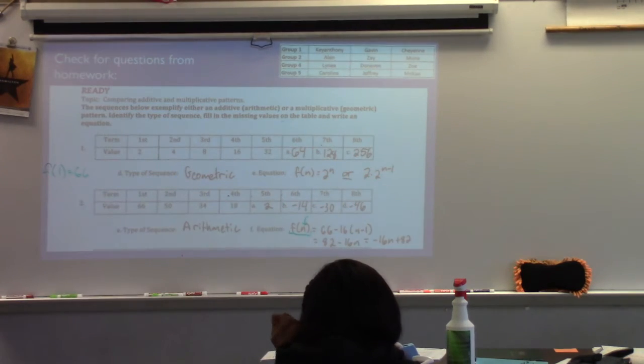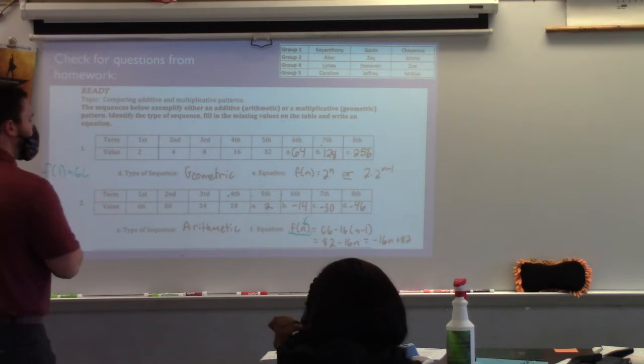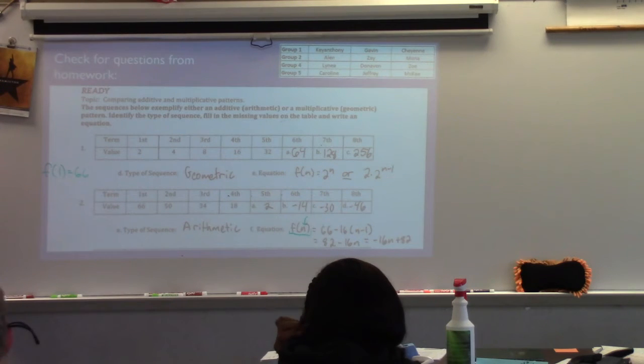Both explicit and recursive use f of n. We use n when it's a sequence typically, and we use x when it's a continuous function. Remember, sequences are discrete. Those other types of functions are continuous.